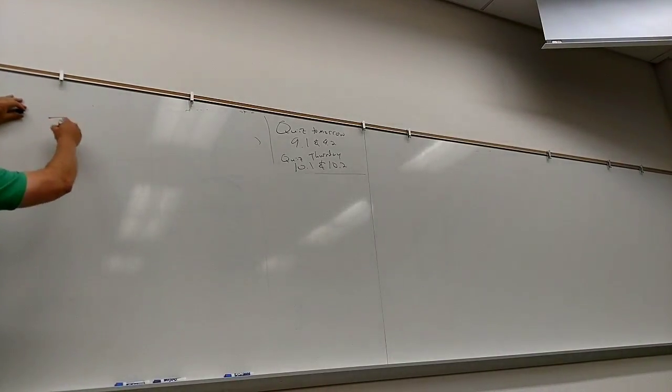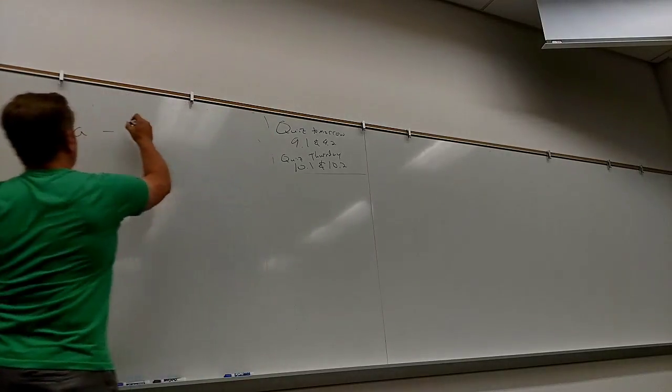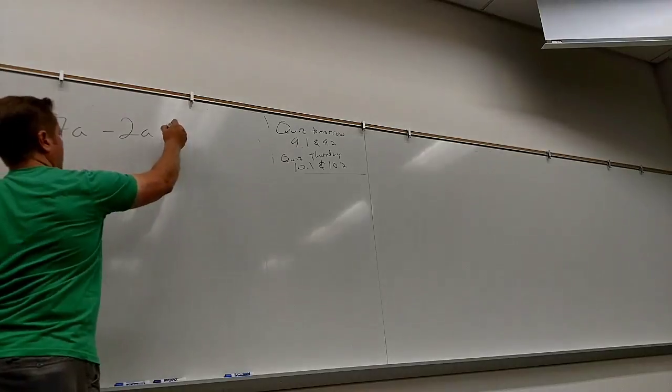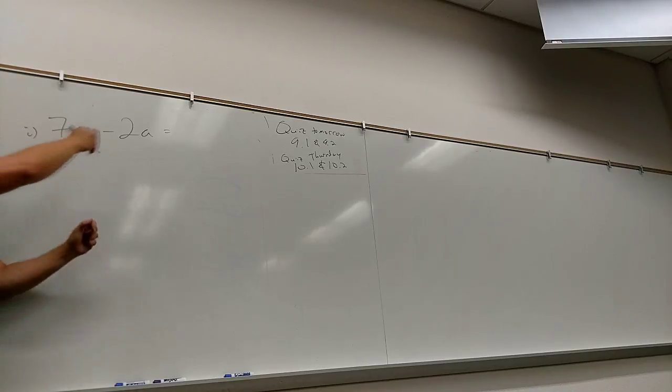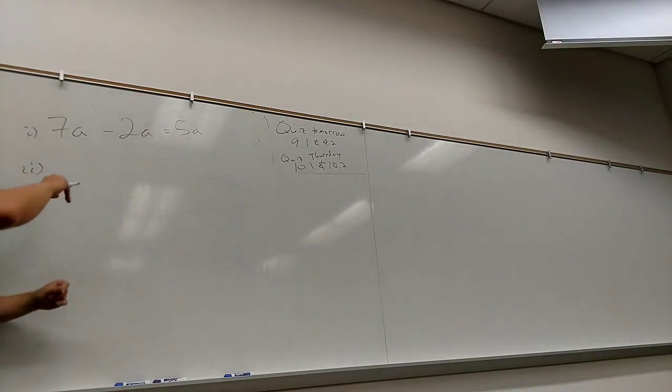Let's see. What's 7a minus 2a? There you go. Everybody else is like something, some freaking little trap. It's all drop.